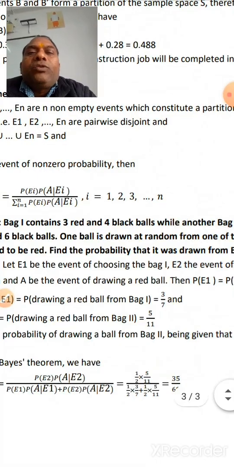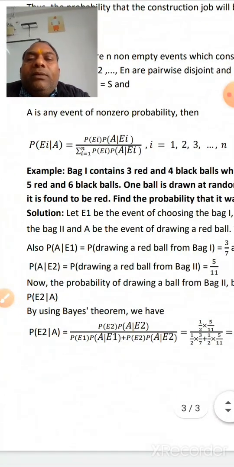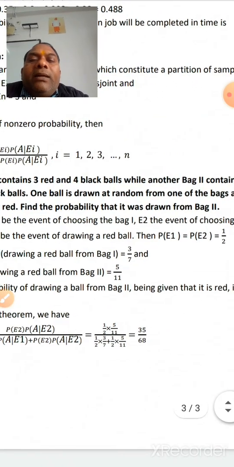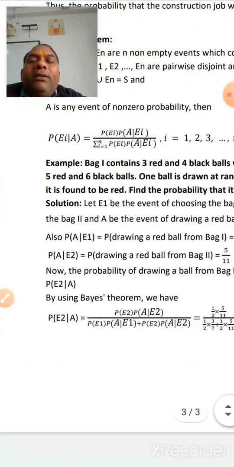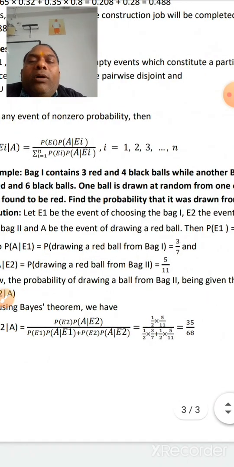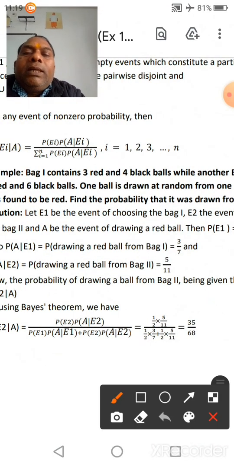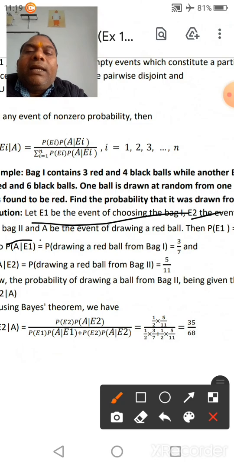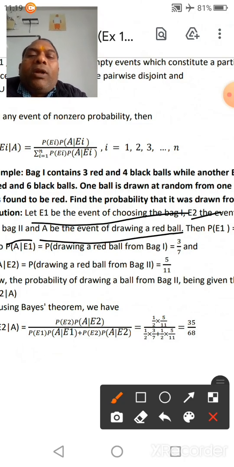So here, let E1 be the event of choosing bag first, E2 be the event of choosing bag second, and A be the event of drawing a red ball.